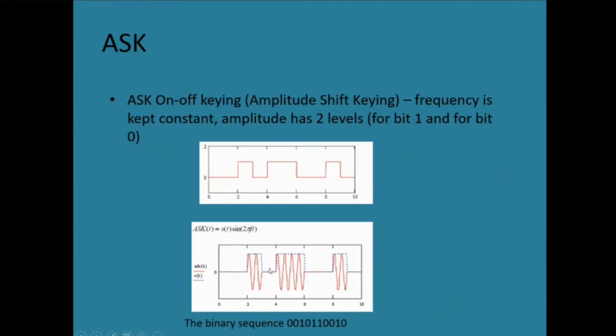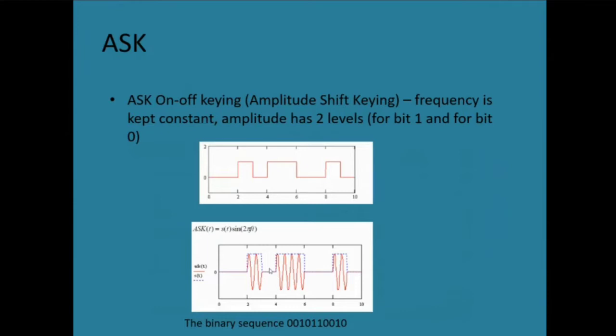For 0, it doesn't allow the carrier signal, so the amplitude is 0. Here this is for the given binary sequence 0010110010. Because it is just like a switch turning on and off, it is known as on-off keying, OOK.